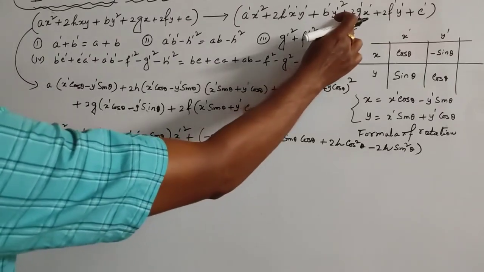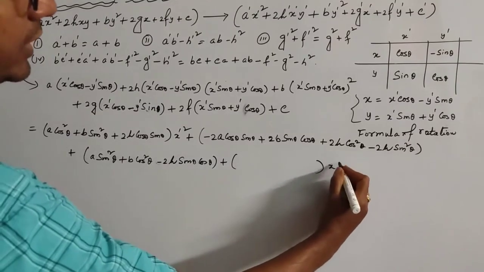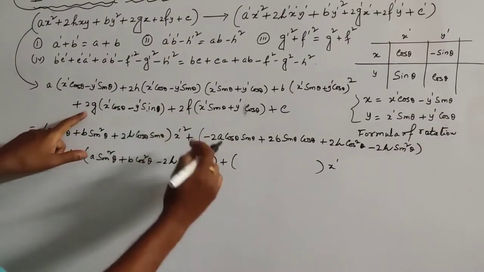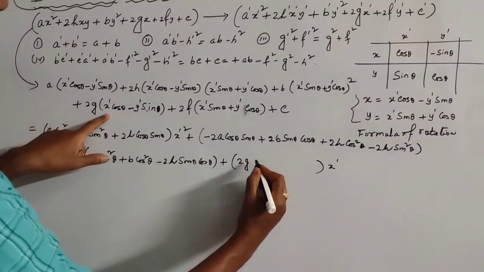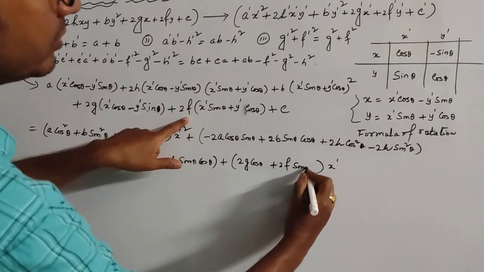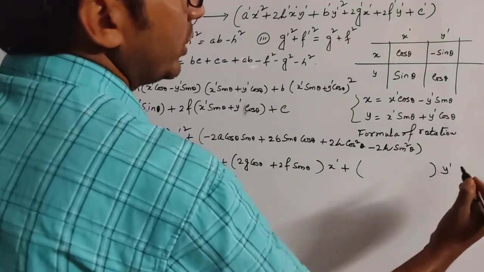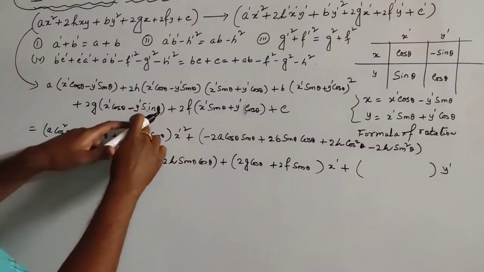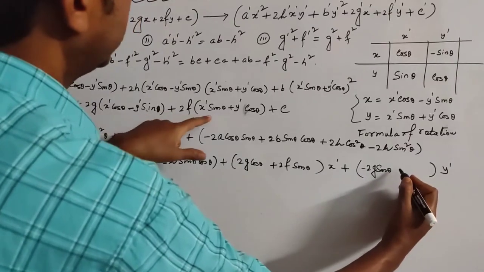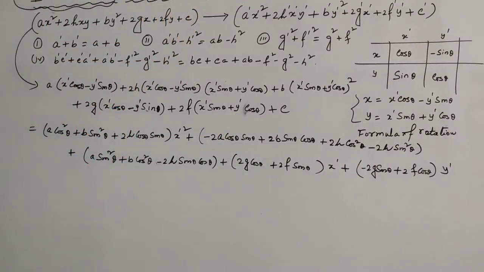And then we take common x dash here and we get x dash from this expression and this expression, that is 2g cos theta plus 2f sin theta, plus, and then we take common y dash, that is minus 2g sin theta plus 2f cos theta, right?